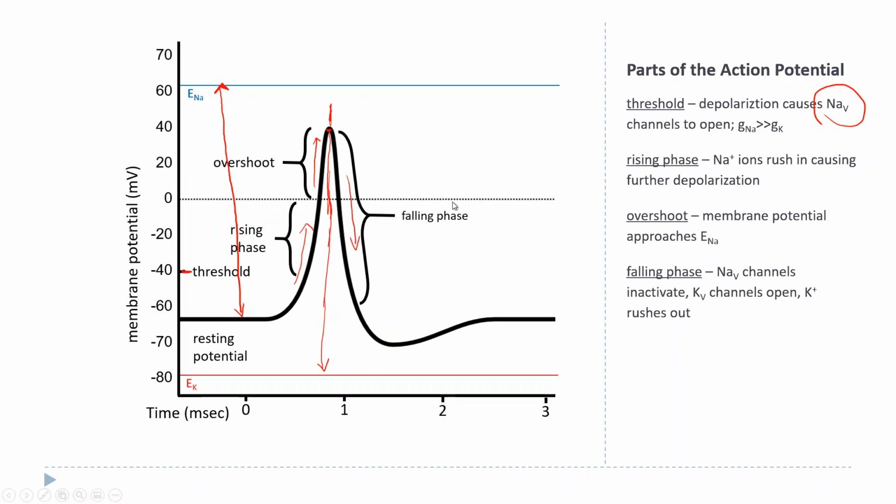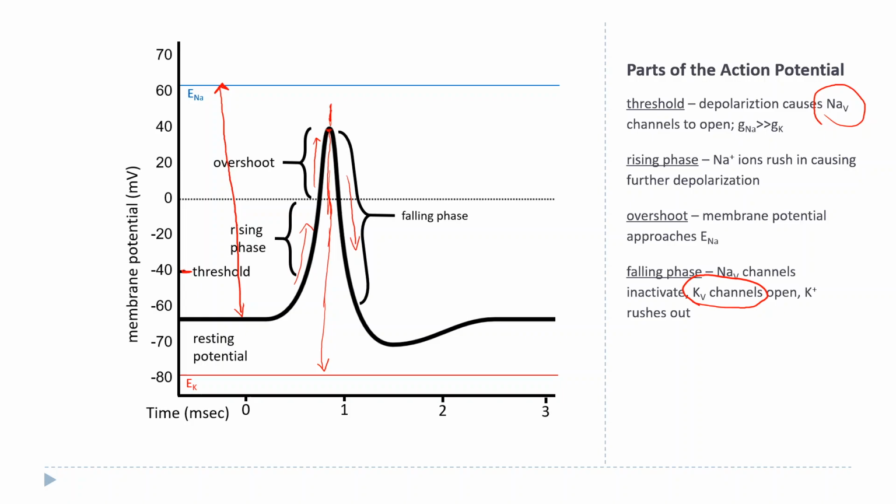And so potassium leaves. One of the things I haven't mentioned is that there are also voltage-gated potassium channels. Voltage-gated potassium channels do essentially the same thing as voltage-gated sodium channels. The only important difference is that they open slightly later. They don't open quite as quickly as the sodium channels.